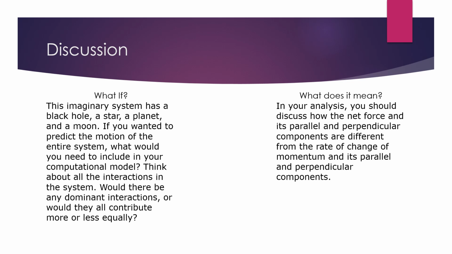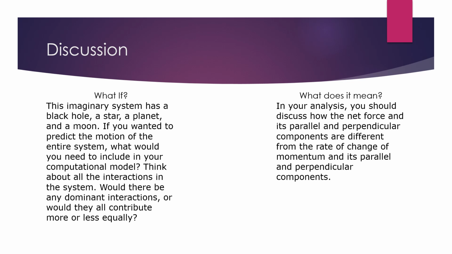In order to model this, you would then have to calculate the forces being applied on each object as if each object is its own system and all the other objects are the surroundings, each of them applying force. So the star, planet, moon, and ship would all apply forces on the black hole. Likewise for the star, planet, moon, and ship.